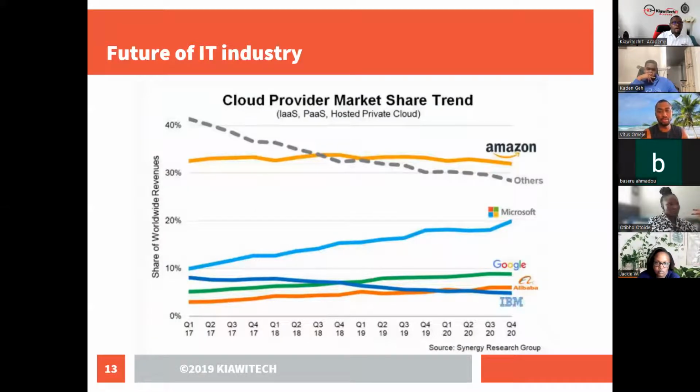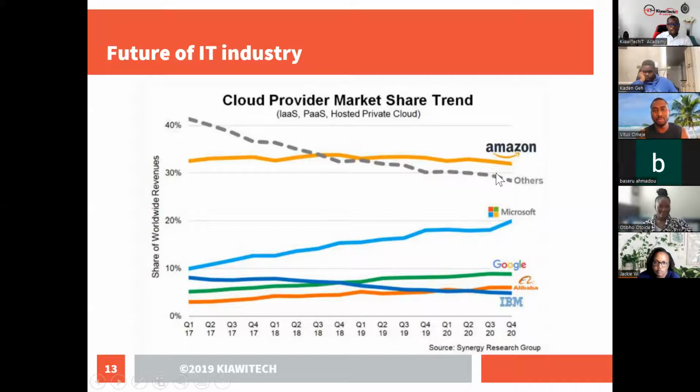Now, on cloud provider market shares, you know that Azure is not the only cloud provider out there. You probably must have heard of Amazon, which today is the leader in the cloud provider sphere, right? But Azure is coming up very, very strong.